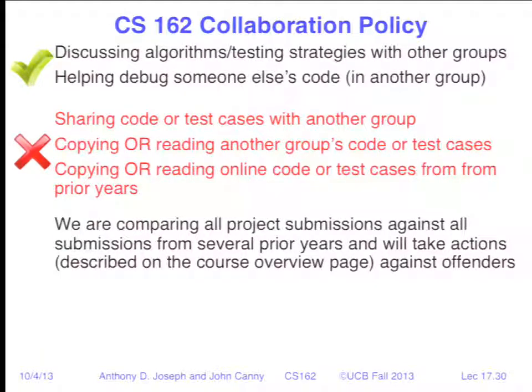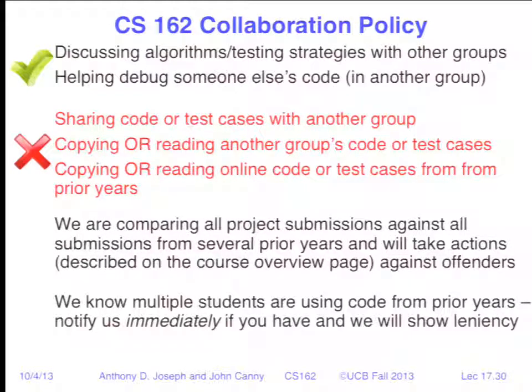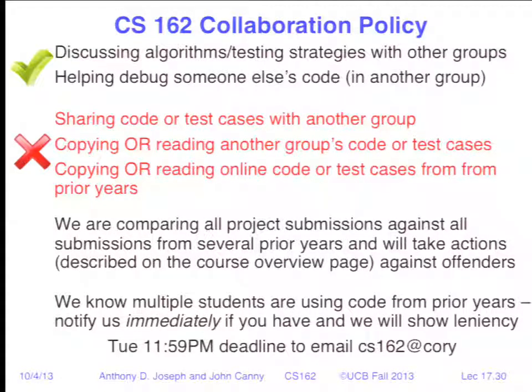So we're offering you an option. You can notify us that you are doing that. The deadline for that is tomorrow before midnight, and we'll go lenient. That means you'll lose credit for the code portion of that project.